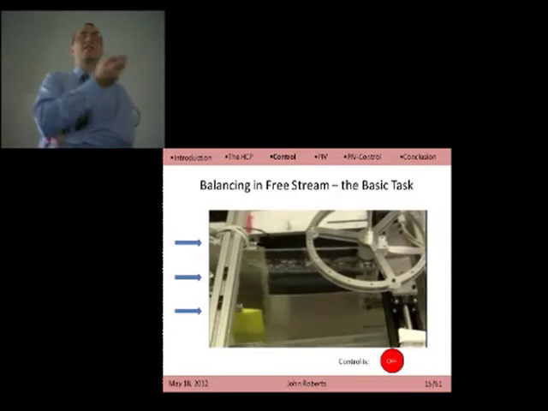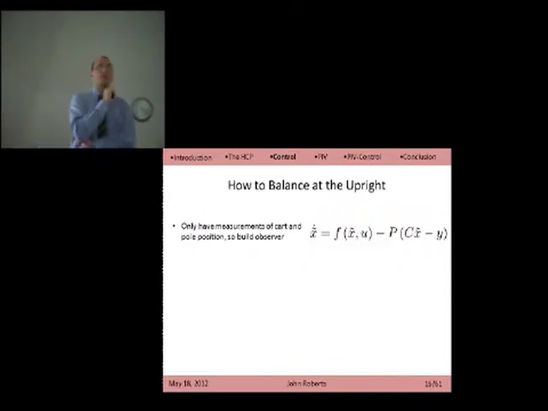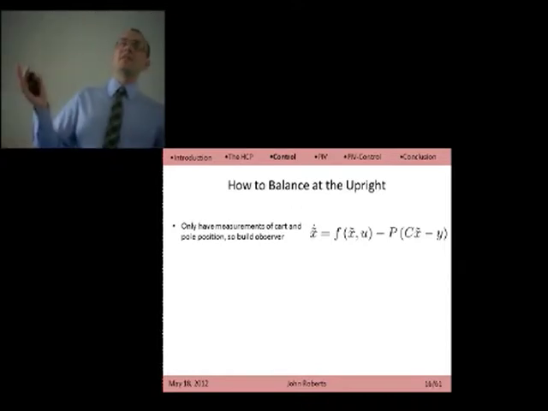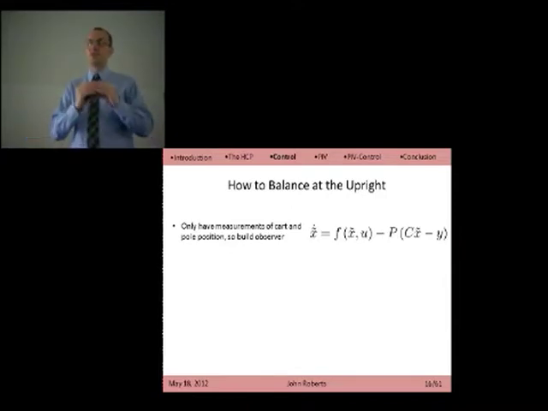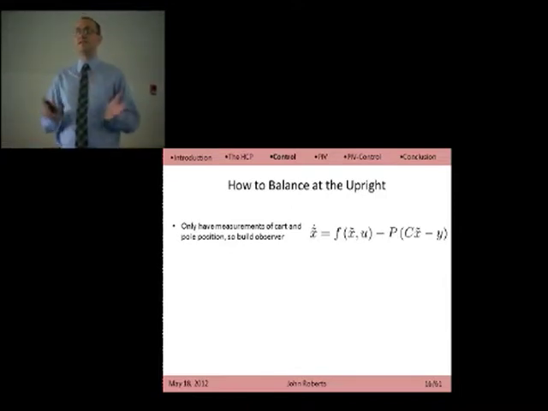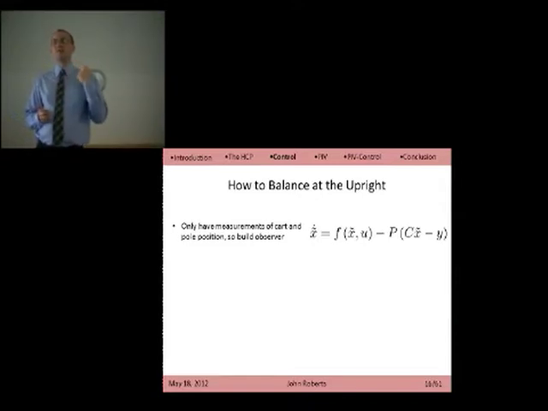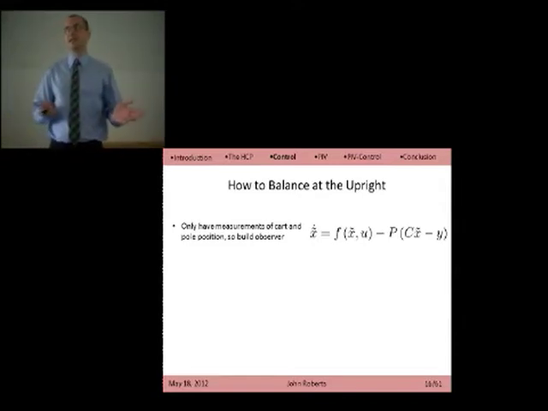So how do we actually get it to balance? Well, we can only measure the position of the cart and the angle of the pole. So we have that model, and we can use that model to build a dynamic observer that will give us the velocity, so the full internal state of that cart pole. Still neglecting the fluid, but it will give us a relatively up-to-date idea of the behavior of the cart instantaneously, with relatively little latency compared to finite differences, for example.